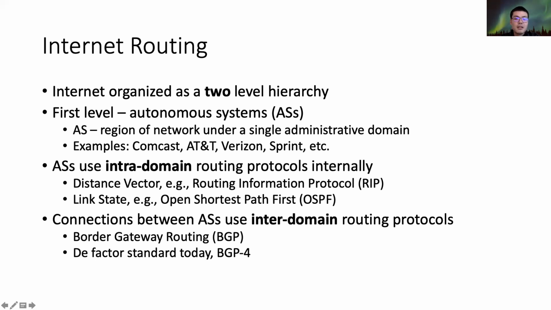Then RIP and OSPF are the two so-called intra-domain routing protocols. And the last one is the inter-domain routing protocol, which is BGP. So these are AS, RIP, OSPF, and BGP. You need to memorize them.